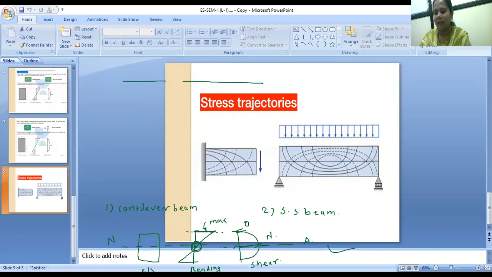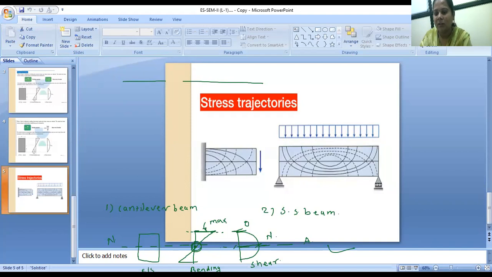Next, whenever we are drawing these stress trajectories, we draw curves. You observe here these curves are drawn orthogonal.